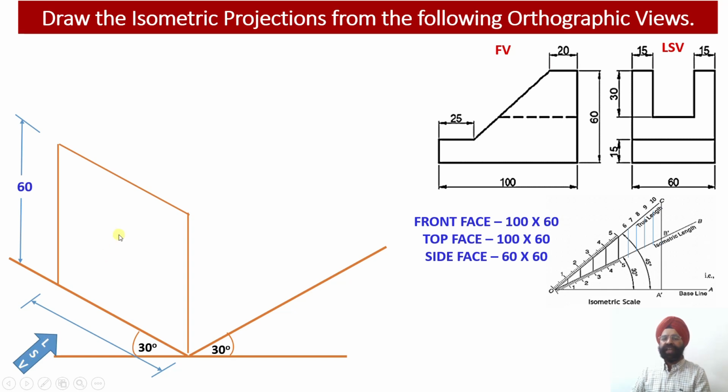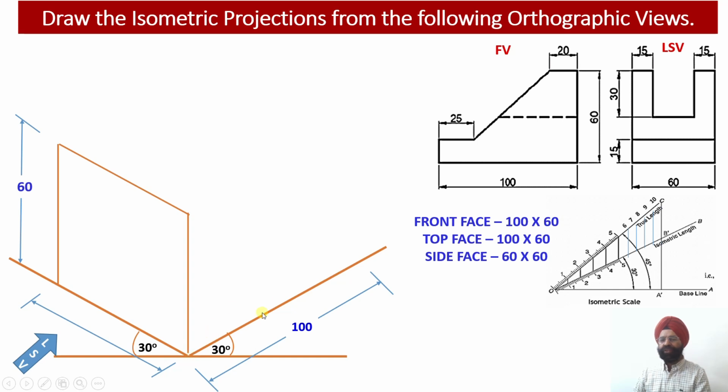Now, having drawn the left side view, we need to mark the front side view rectangle over here, because the front face will be inscribed within a rectangle of size 100 millimeter by 60 millimeter, where 100 millimeter happens to be the length of the solid and 60 millimeter happens to be the height of the solid. The height of the solid we have already marked in the side view.